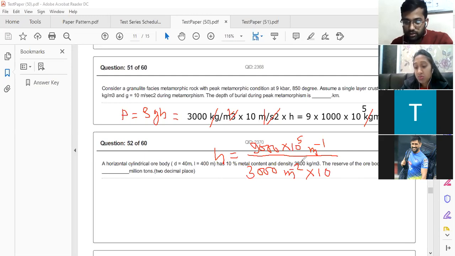Here the units cancel, and one meter is left. Now you have your answer in meter.